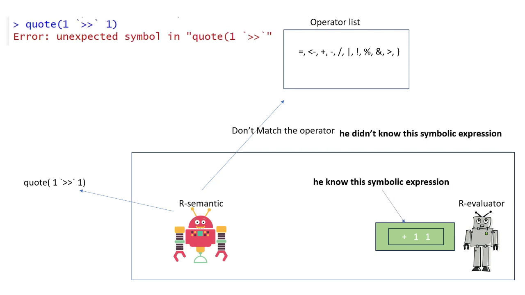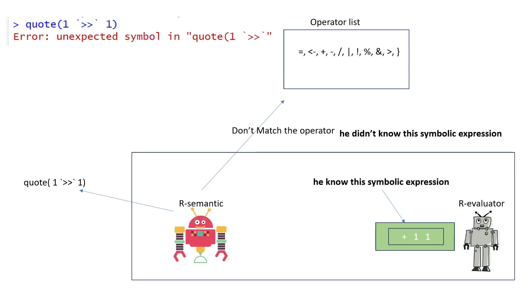Similarly, if you write anything in backticks, it becomes an identifier or a symbol. This time it does not match from the operators, it matches from the list of symbols. There is a term, symbolic expression.